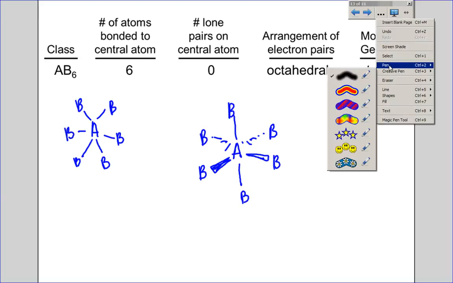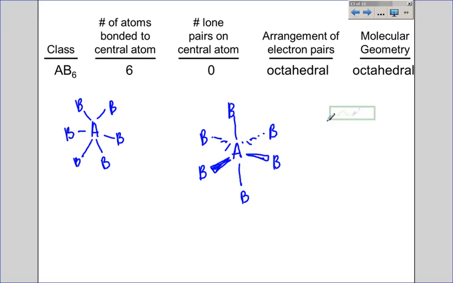So I'll show you again with another color, okay, how this is an octahedron. So this is in the equatorial plane. Okay, and we have an octahedron.